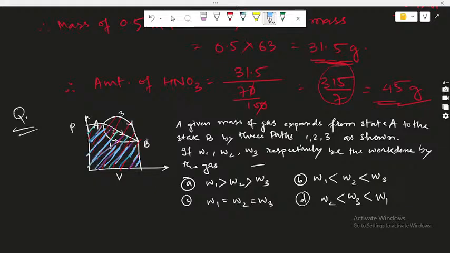So which one is giving us the maximum area? You can clearly say that 3 has the highest area under the graph. So this is work done 3, work done 2, and this is work done 1. So 3 has the highest value. So obviously option B is the correct answer.